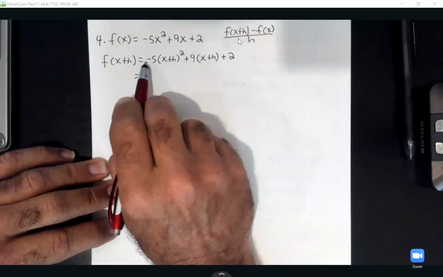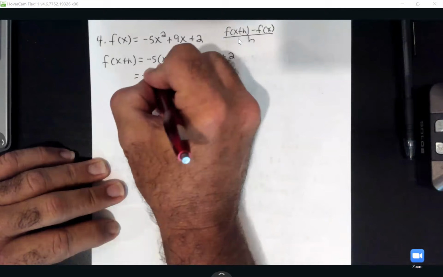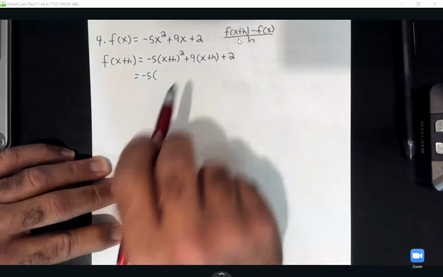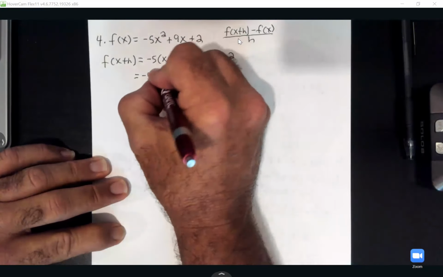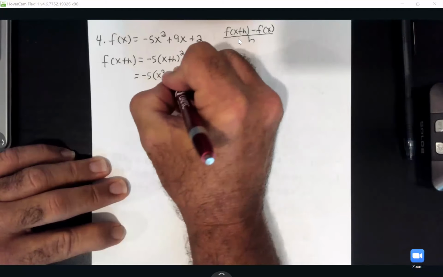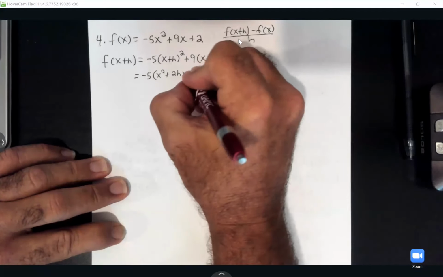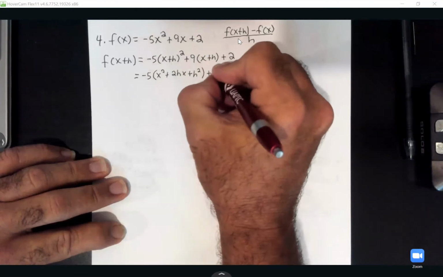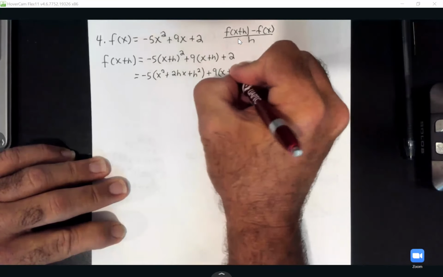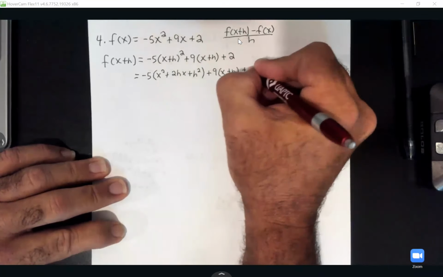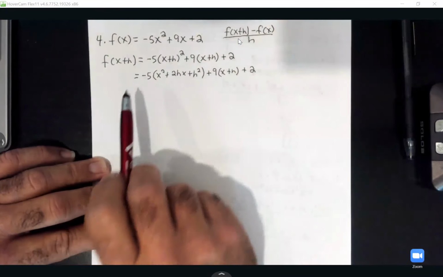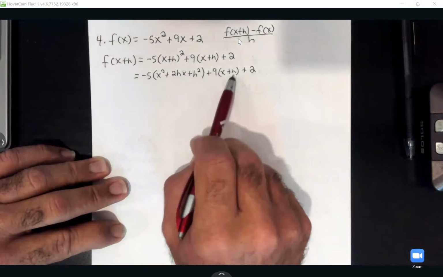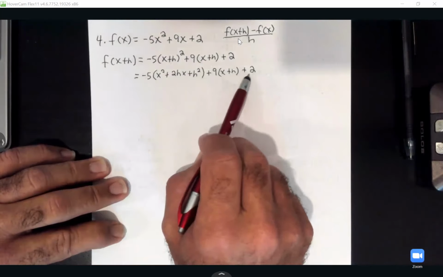Now, I'm going to bring down that negative 5. We know what x plus h squared is because we did that on problem 3. X plus h squared is x squared plus 2hx plus h squared. Then we bring down our plus 9 times x plus h, and then we bring down our plus 2. So we got negative 5 times our x plus h squared plus 9 times the x plus h plus 2.